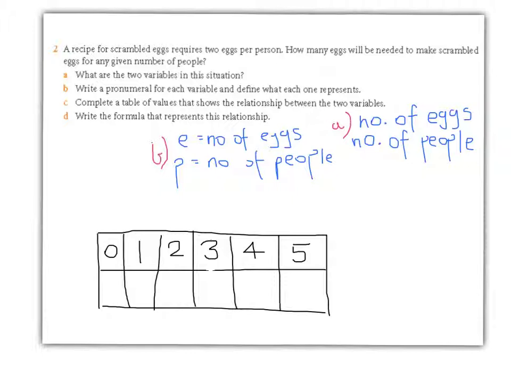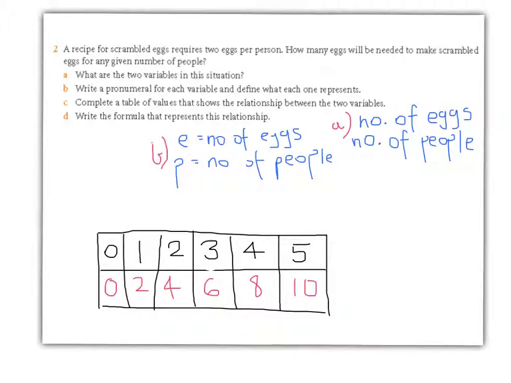Complete a table of values that shows the relationship between the two variables. So if we have no people, then we don't need any eggs. If each person needs 2 eggs, then for one person we need 2 eggs, 2 people, 4, 6, 8, and 10.